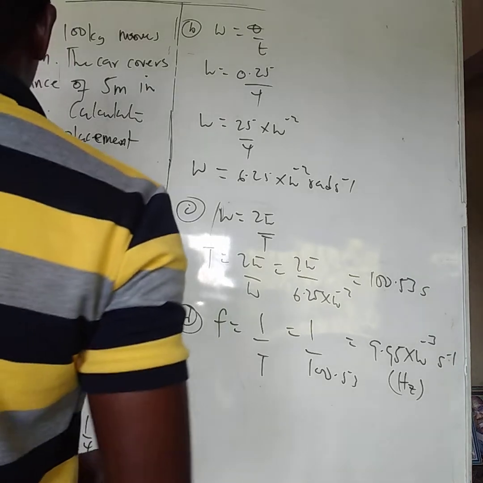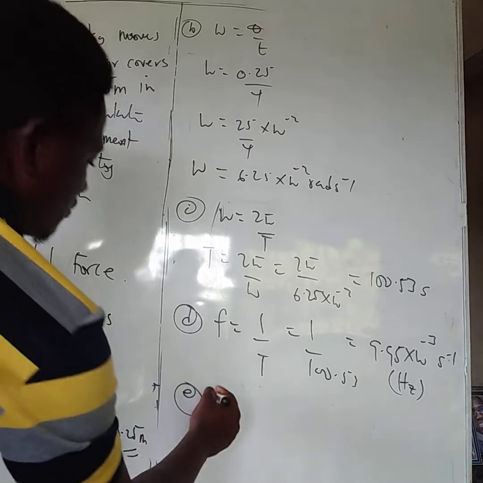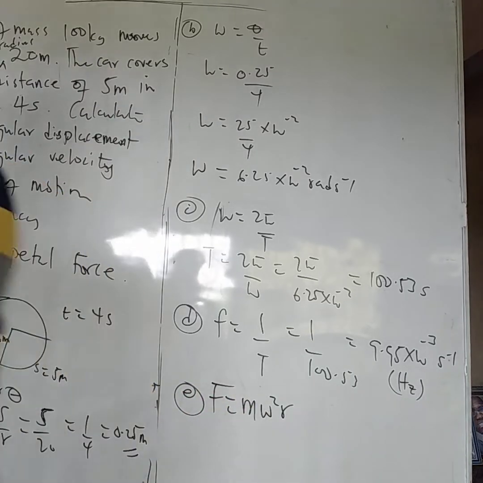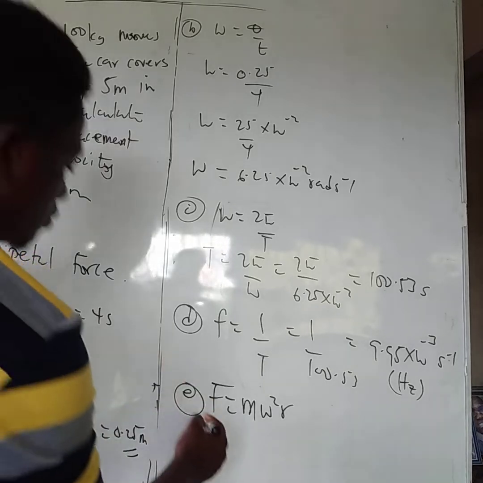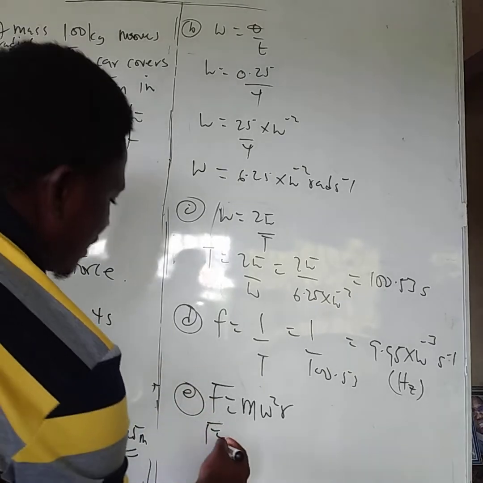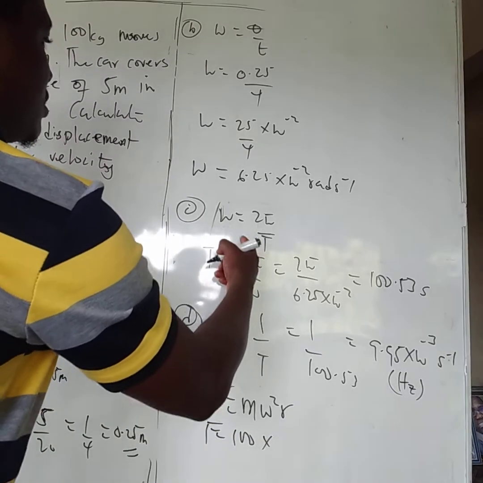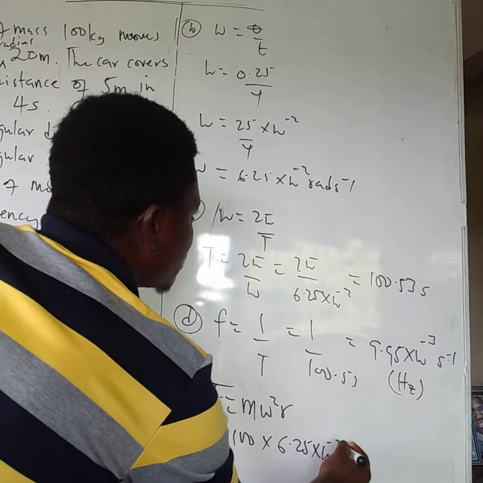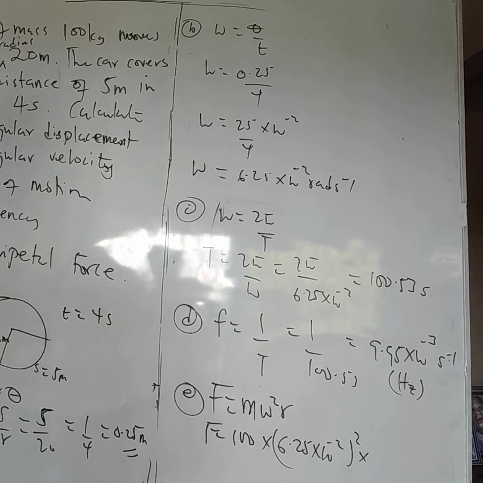We'll quickly move on to the last aspect of the question, which is E. We have to calculate the force. So F is equal to m omega squared r, or m v squared over r. So our force becomes equal to, the mass is 100 multiplying omega. I think we have calculated omega already to be 6.25 times 10 to the negative 2, all squared, multiplying our radius.